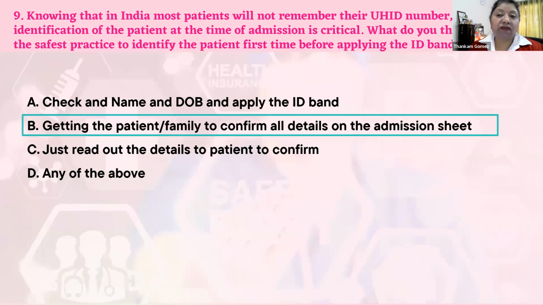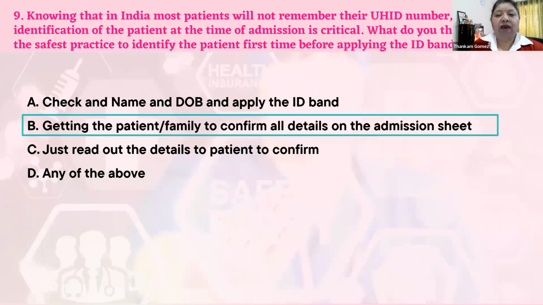This is to make sure if there are two Thankams, we just don't go by Thankam and give the wrong UHID to me. So it is better that you verify everything in the admission sheet and then put your first-time ID band. Once it is applied, it is also important to educate the patient. What is this ID band? Why is the ID band here?